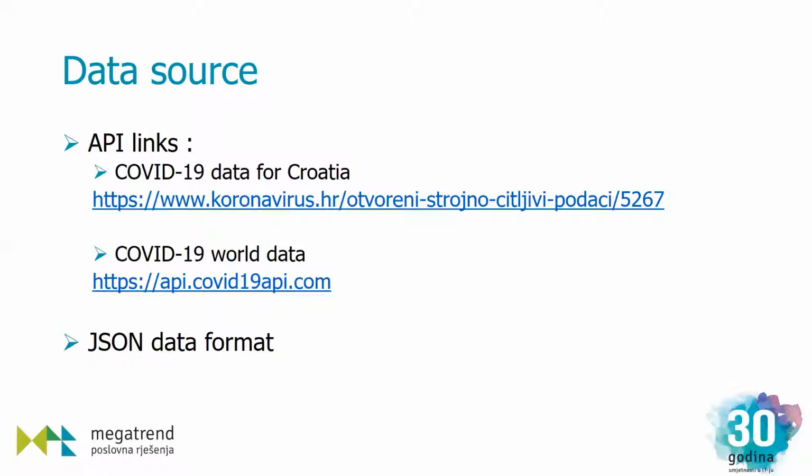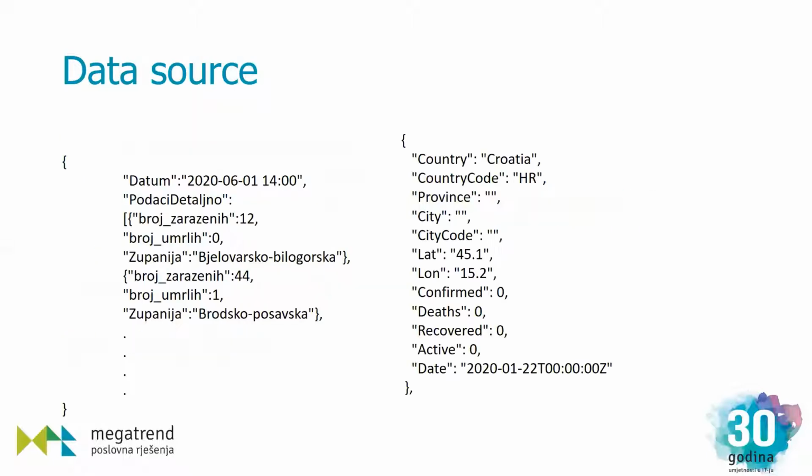Also, it's important to mention that those data are in JSON format. On the left picture, you can see the JSON for COVID-19 Croatia data.